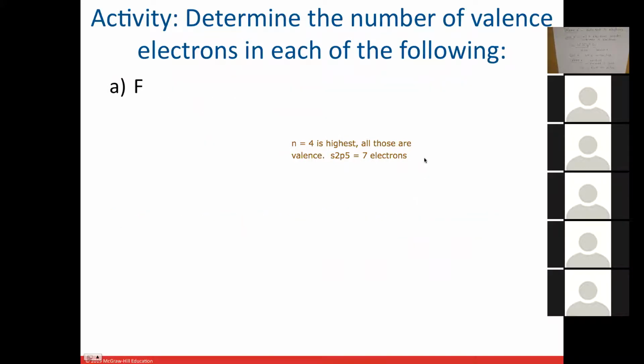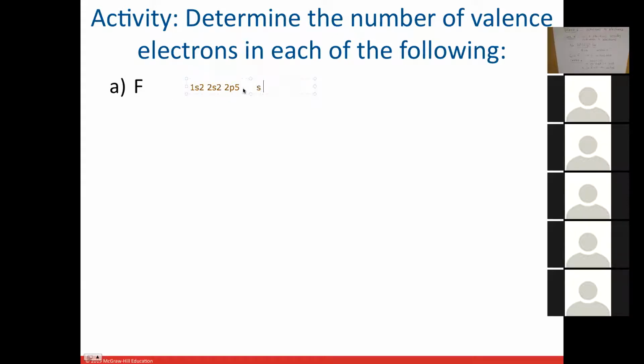What about fluorine? You'll have to look at your periodic table to do that, or we could do the electron configuration really quickly, which is 1s2, 2s2, 2p5. How many valence electrons does fluorine have? 5? Well, I'm going to count the s and the p actually.